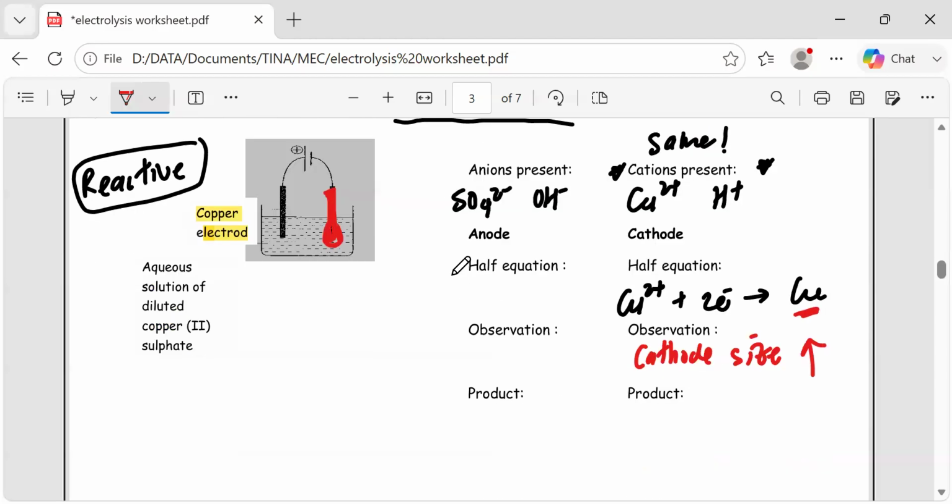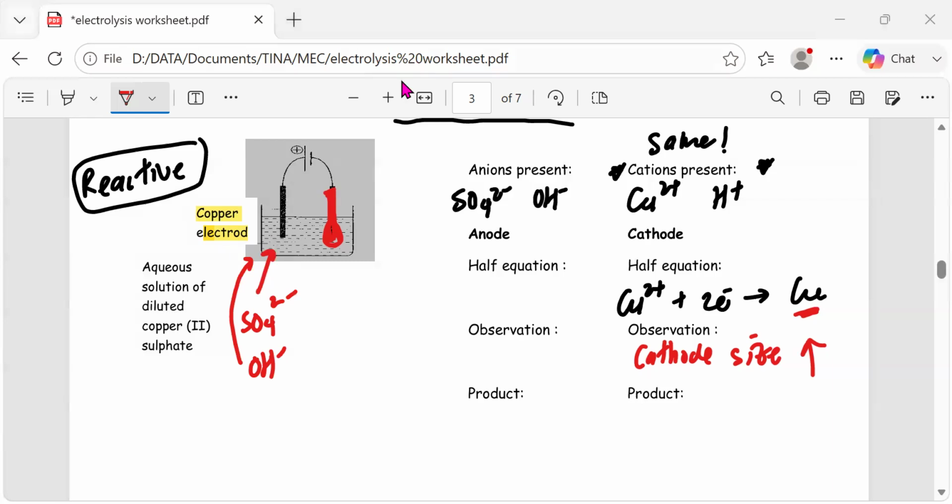The half equation, this one is different. So this one, sulfate will go to the anode. Hydroxide will go to the anode. And both of them will say, pick me, pick me, pick me. But then copper says, no, I want to react. The size of the cathode increases. Yes, the size of the cathode increases.